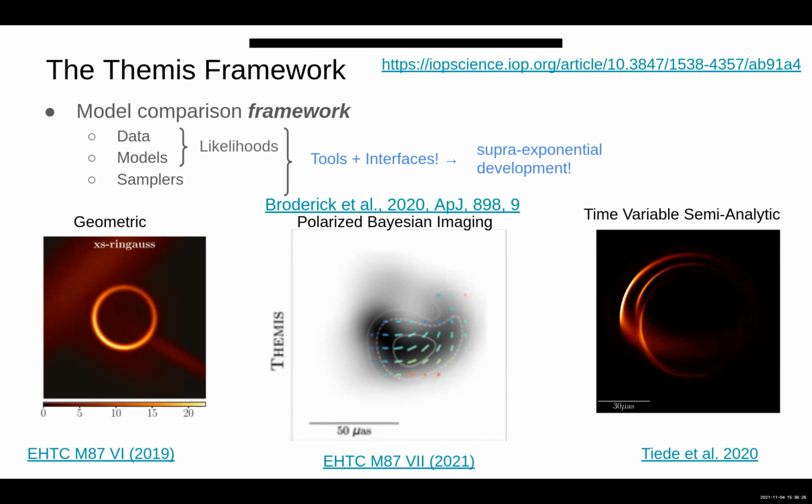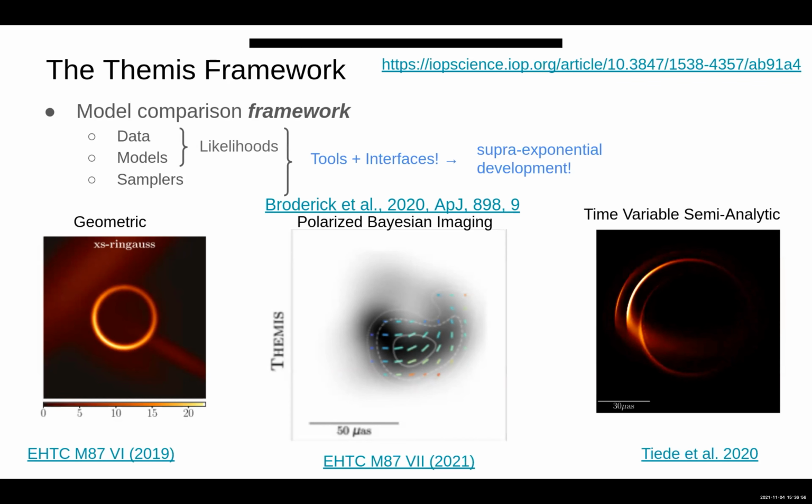Just to highlight some of the things that it can do, and it's really impossible to summarize it all. You can think of the geometric modeling that people in radio, VLBI, and other areas of source reconstruction and astronomy have been doing for a long time, where you can take rings and Gaussians and all these things and let them loose on the data. That's shown on the left. It has imaging capabilities quite recently, since last year, and can also handle polarization data.